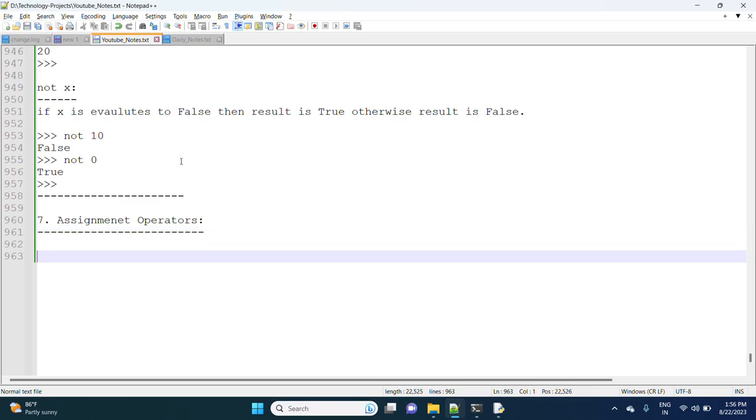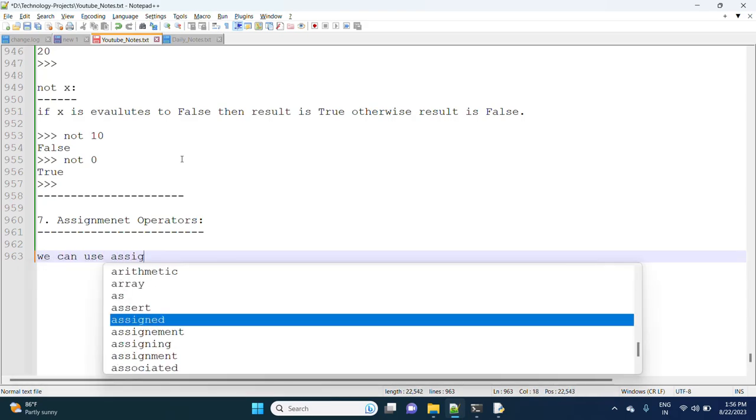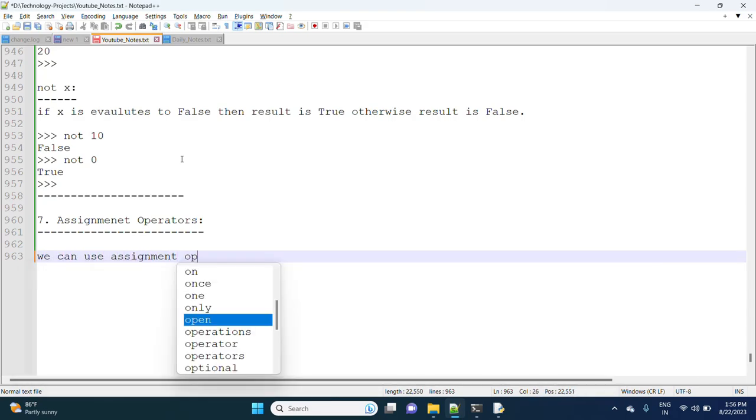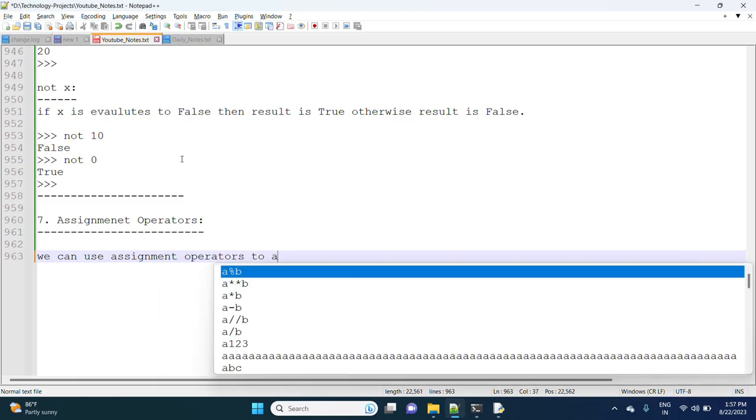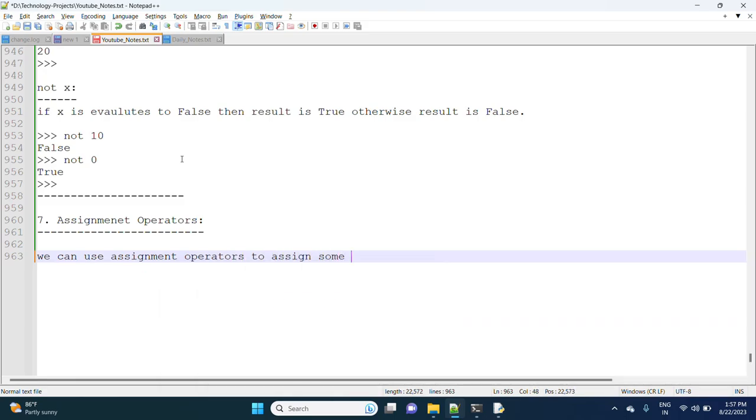We can use assignment operators to assign some value to a variable.